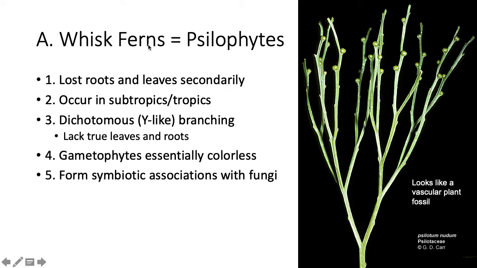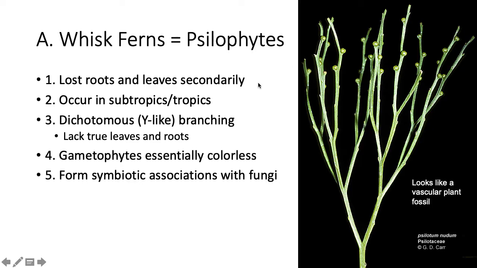So one group of the fern and its relatives is called the Whisker Fern, or Psilophytes. Whisker ferns still don't have true roots, and they also don't have any true leaves.